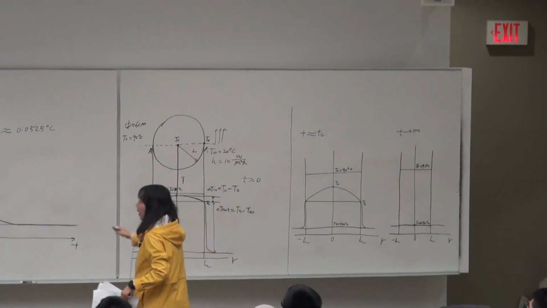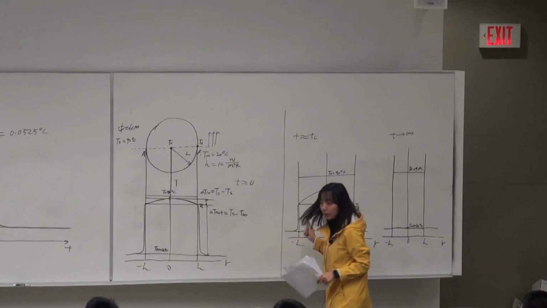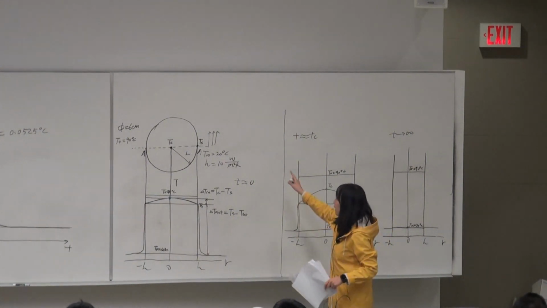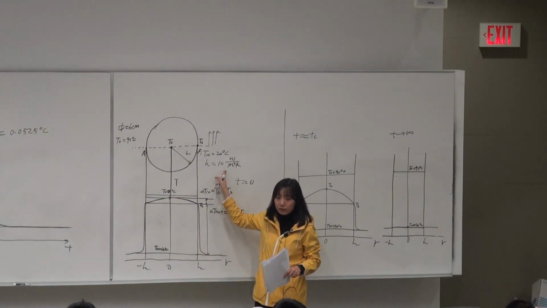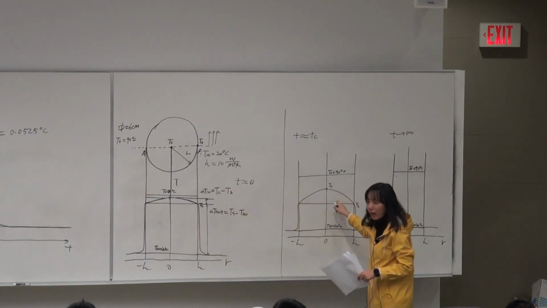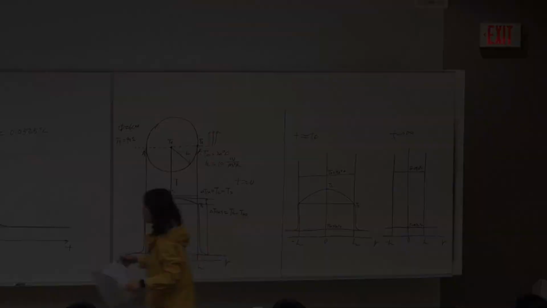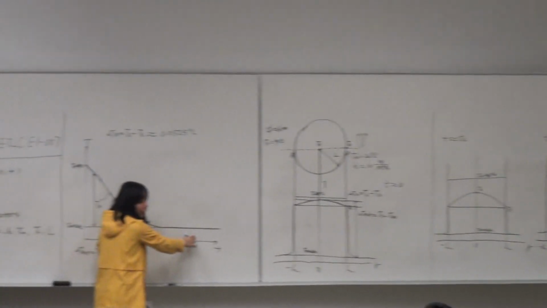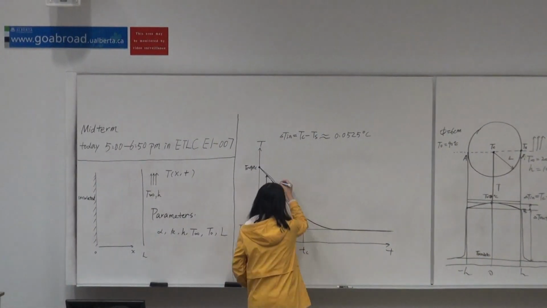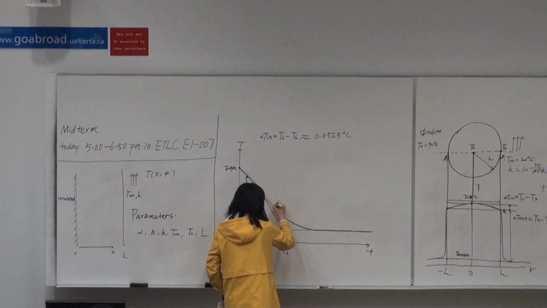It should be higher than the surface, right? As we see on these temperature distribution curves, the center, because it is far from the fluid, is always a little bit higher than the surface temperature. But at the beginning, everything is the same at T0. Then at the very end, every point inside the sphere also reaches the fluid temperature.